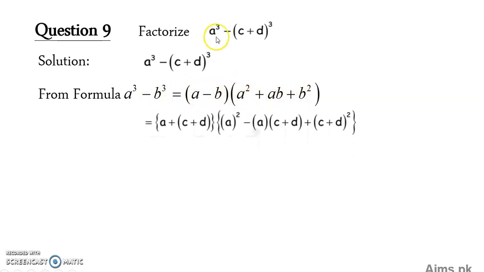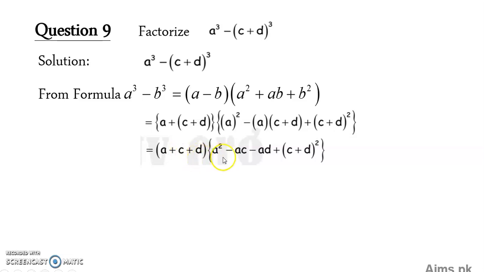Instead of a, I'll be writing a, and instead of b, I'll be writing c plus d. See, a minus c plus d. Then a square, minus a into this complete b term, c plus d, plus b square. Now see, our b was c plus d whole square. In the next step, I'll just be simplifying them, multiplying a with c and a with d and applying the squares. Open up the brackets.